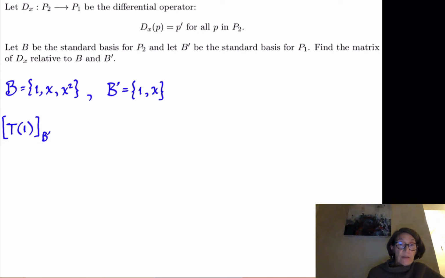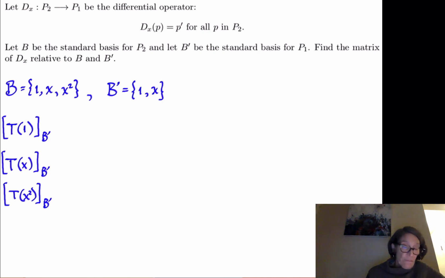We're going to find T of 1 and then find the coordinate vector relative to B prime. And then the second column is going to be the coordinate vector relative to B prime of the image of the second basis vector in B. And then the third column will be the coordinate vector relative to B prime of the image of the third vector in the basis B.